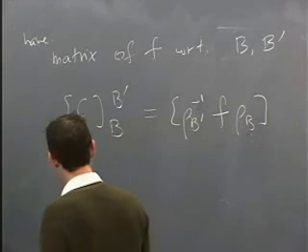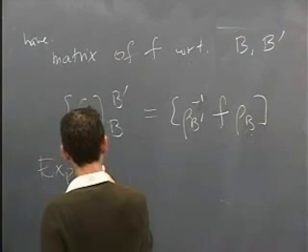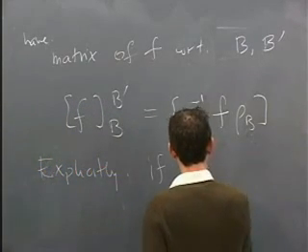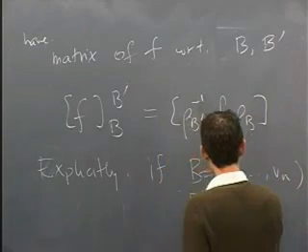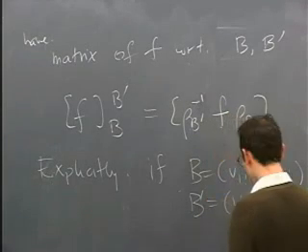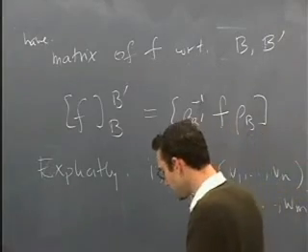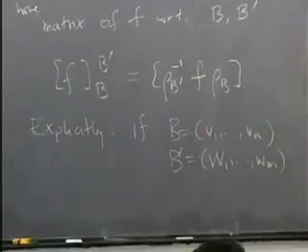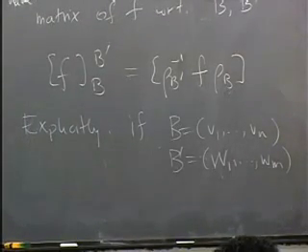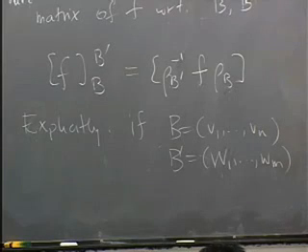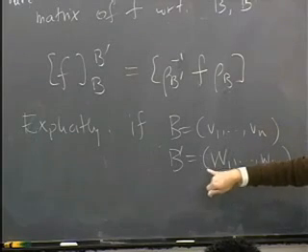Another explicit way of looking at this is, explicitly, if B is V1 through Vn and B prime is, say, maybe make this easier, W1 through Wm, then, given any of these Vj's, we know that we can write its image uniquely as a linear combination of things in this basis B prime.